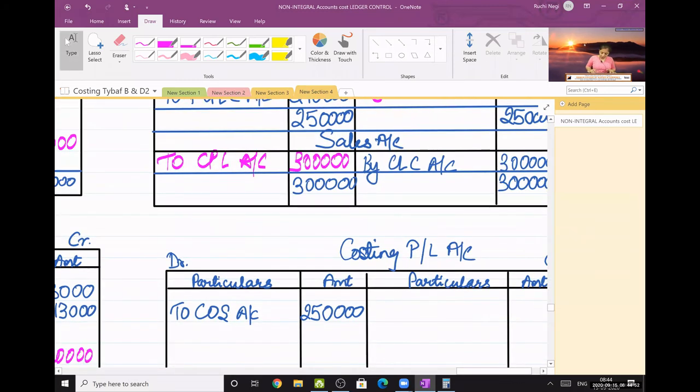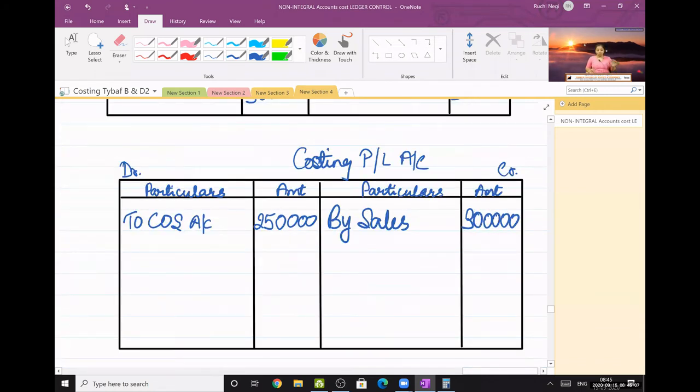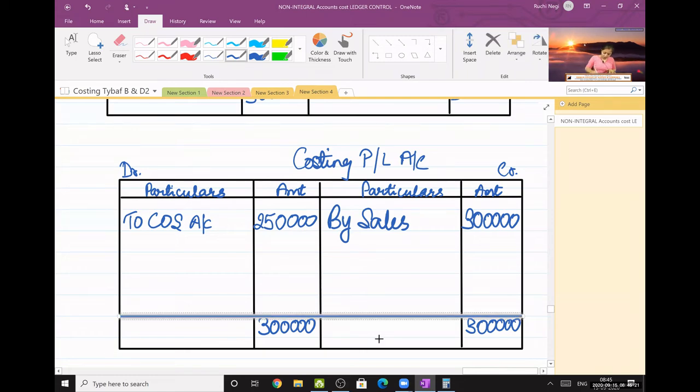Okay. Second effect will go in costing P&L account, by sales, 3 lakhs. Okay. Then close CPL account. Obviously, take the balance to CLC, that is GLA. To CLC account 50,000. This is my net profit, obviously.